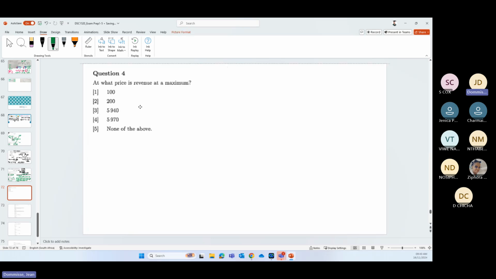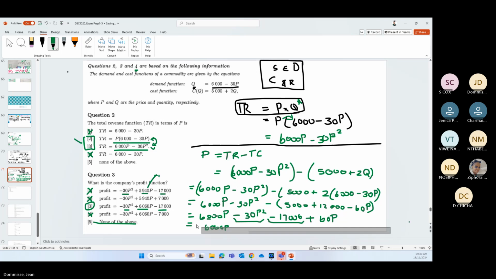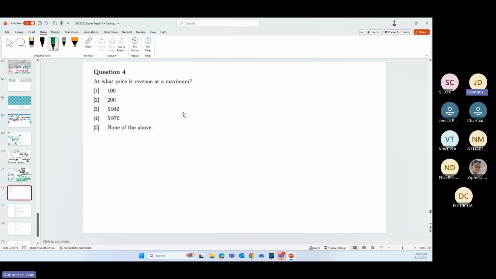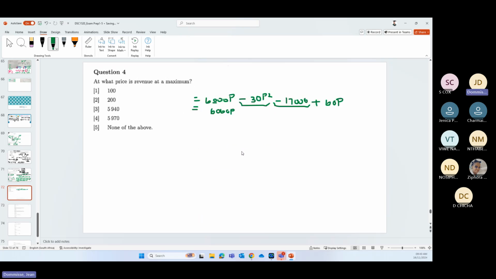So now they ask, at what price is revenue at the maximum? Okay, so to work that out, we needed to have this formula. Okay, so let's just rewrite this formula.